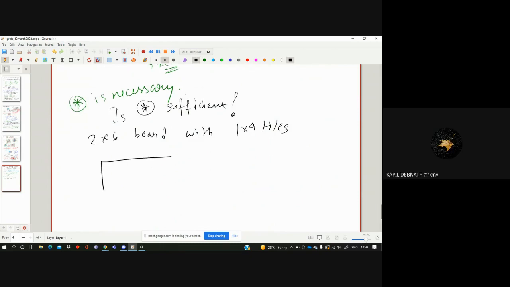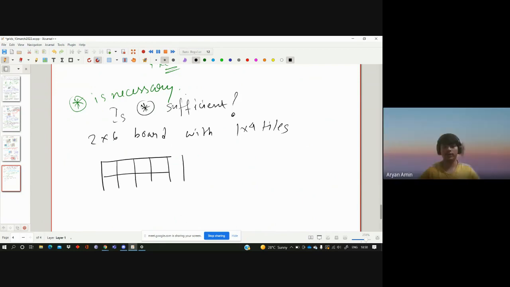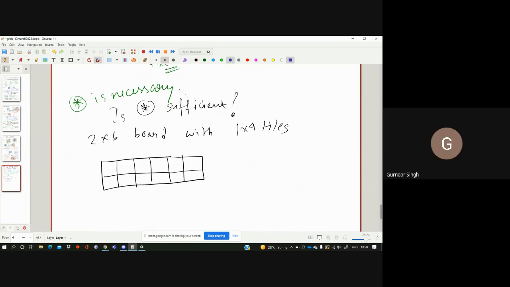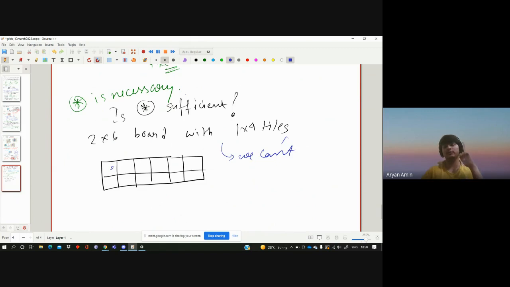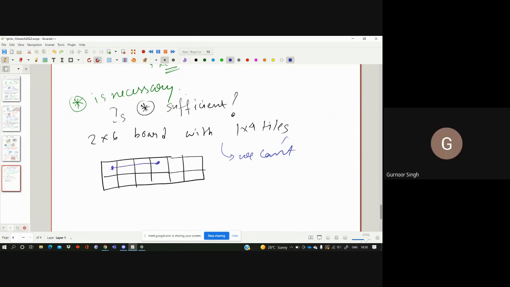The 6 is something like this: 1, 2, 3, 4, 5, and 6. No, we can't do it, right? If you just place one here, you can't do anything about this, you can just place another here, right? Or if you place one here, then you are always losing out on these two. Okay.